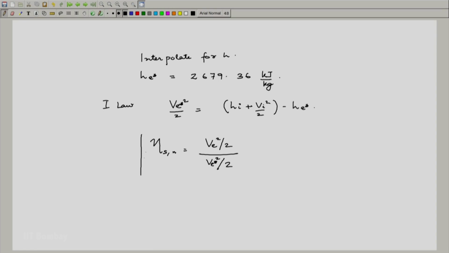So, this is what one should get. We would have gotten a value for VE star squared by 2, that is the maximum VE squared by 2 you would have got if the nozzle was isentropic. Use the actual VE squared by 2, that divided by the ideal VE squared by 2 would give you the isentropic efficiency. Thank you.